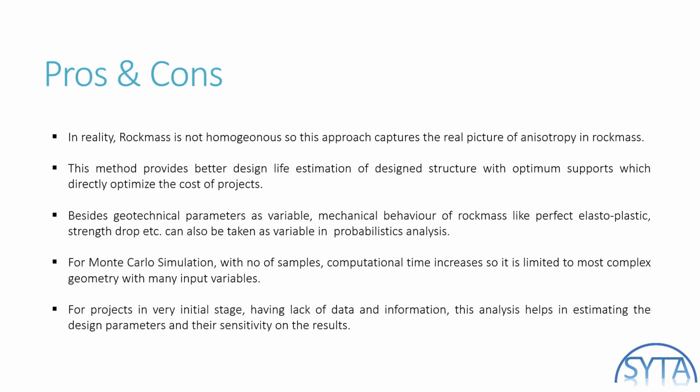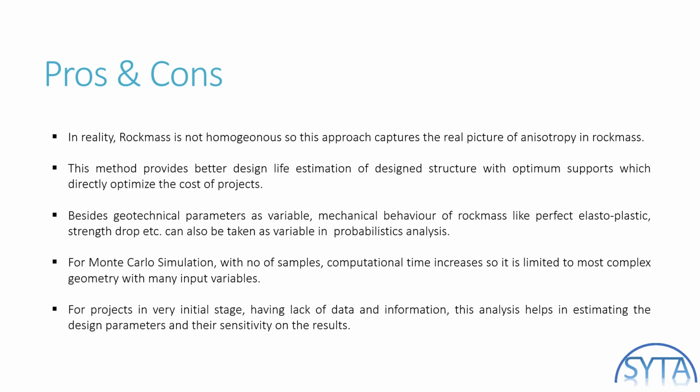So like every other system, this one also has some pros and cons. The rock mass is not homogeneous, as you all know. So this approach captures the real picture of anisotropy, which is a good thing, and gives us a broader view of the rock mass. It gives a better design life estimation of the structure with optimum supports, and it also directly optimizes the cost of projects by comparing the variabilities of different cases.